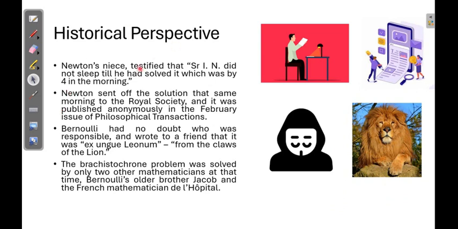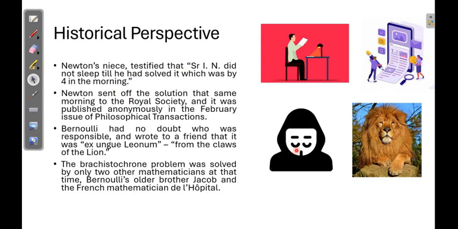According to a testimony by his niece, once Newton received the letter, he did not sleep until he solved it, at 4 a.m. in the morning. Newton then sent the solution that same morning to the Royal Society so that it would be published anonymously.